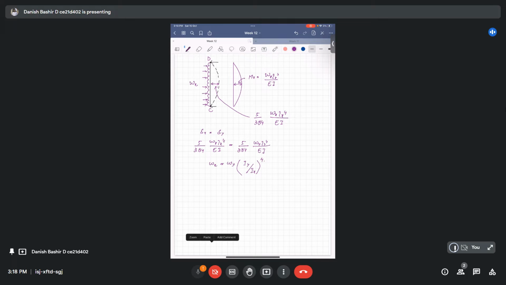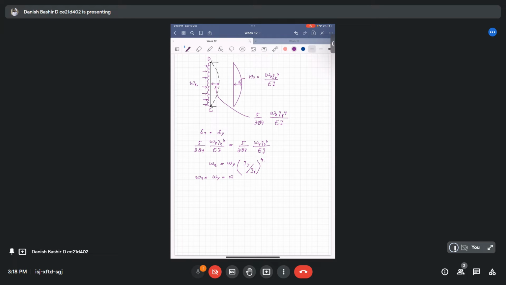Also, in order to satisfy this force equilibrium, we will write wx plus wy will be equal to w. Okay, this one thing.